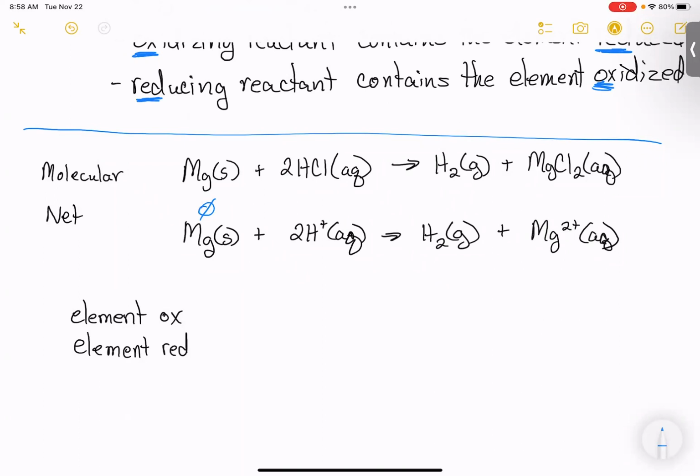It's equal to its charge. So this is a +1. H2 gas is a compound that consists of only one type of element, and that compound is neutral. So what is its oxidation state? 0. And magnesium ion. It is an ion, folks. So what is its oxidation state? The same as its charge, which is a +2.